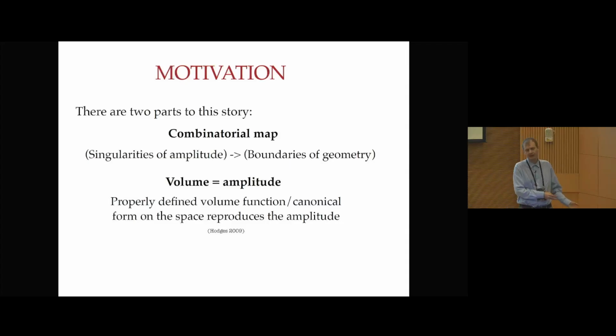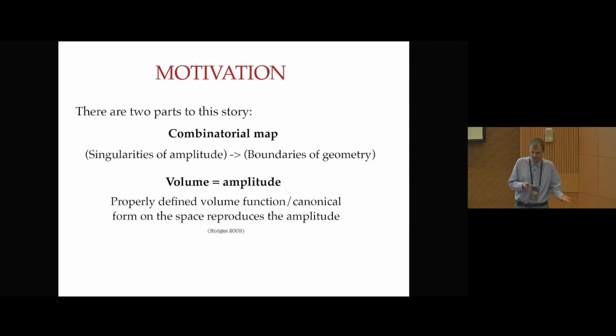So a singularity of the amplitude will correspond to some boundary of the so far putative geometry, which will capture the amplitude. And the second part is to calculate the amplitude, and how to get the amplitude itself from the geometry, and this will be done through some volume form, volume or canonical differential form.